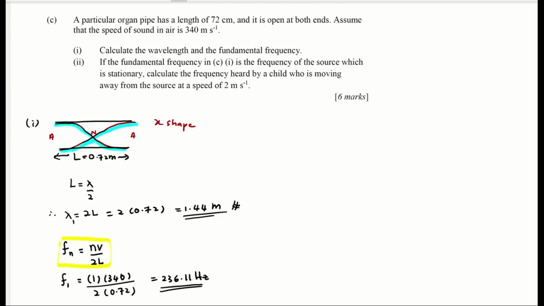You can use this equation or you can use the second method, where we use the equation V is equal to F lambda.